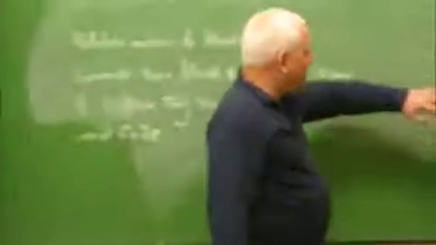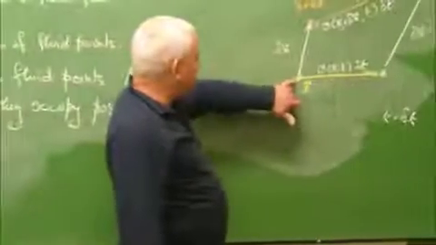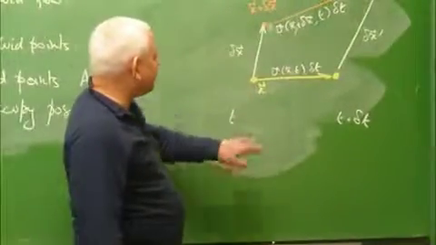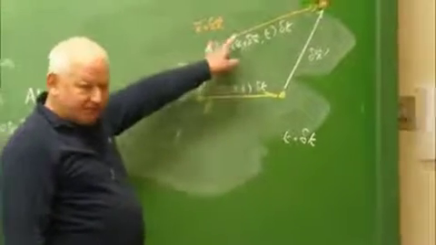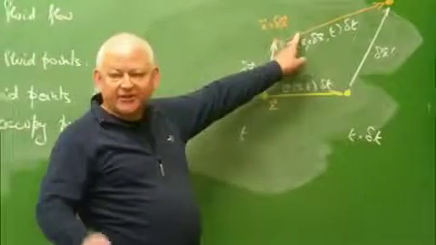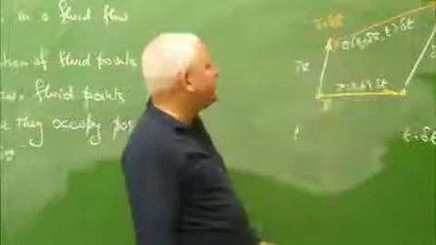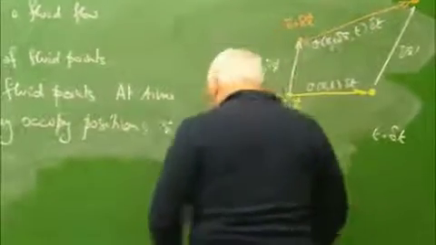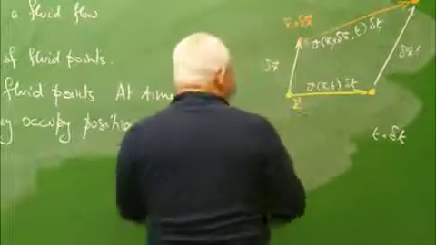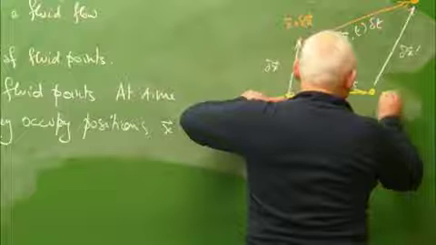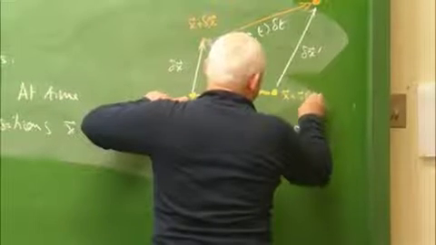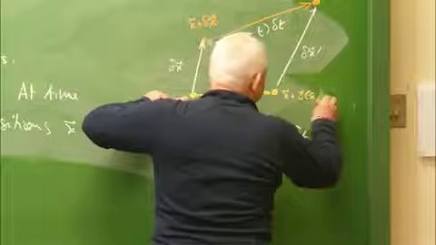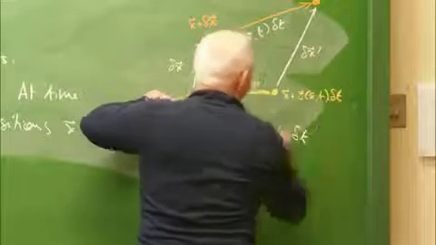So I'm working at two different positions at time t, x and x plus delta x, and I have found the velocity at position x at time t and the velocity at position x plus delta x at time t. And so the new position of the yellow fluid point will be x plus v of x and t times delta t.